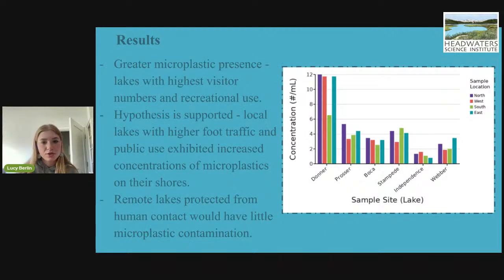My results were that there was a greater microplastic presence in lakes with higher visitor numbers and recreational use, like Donner Lake. So my hypothesis was supported, and the local lakes with higher foot traffic had increased concentrations of microplastics on their shores, and the remote lakes, like Independence Lake, had a little less microplastic contamination, but they still had some.